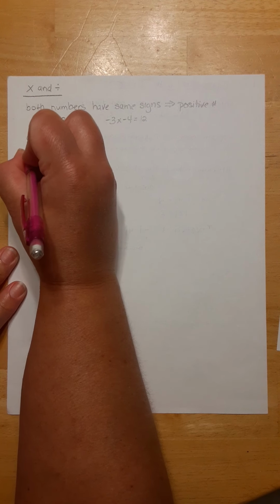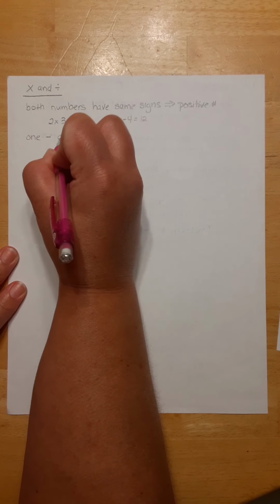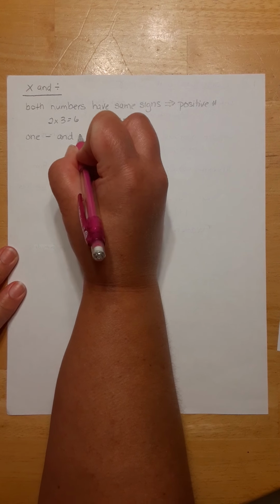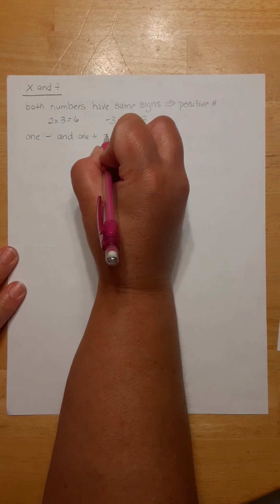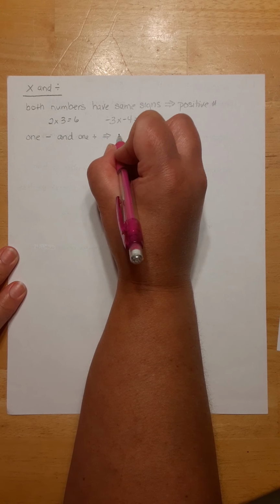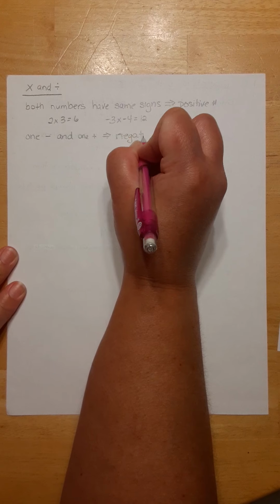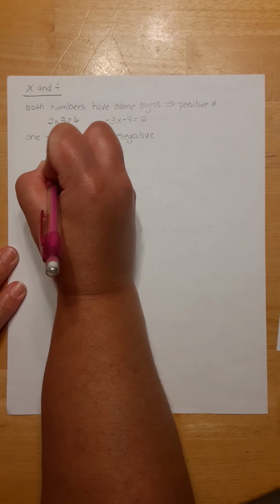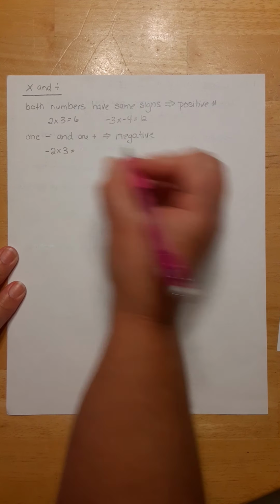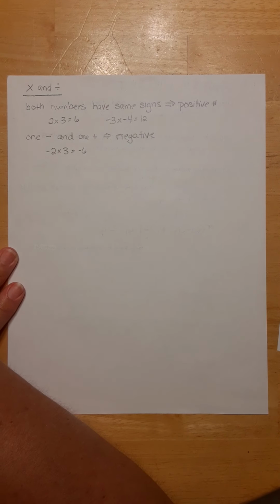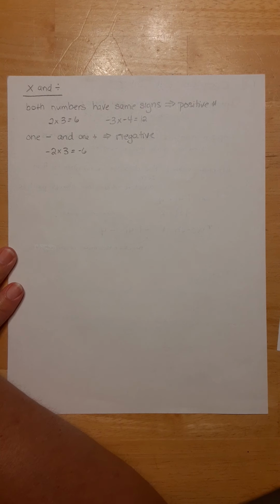If I have one negative and one positive, my answer is going to be negative. So if I got negative 2 times 3, my answer is going to be negative 6. Now, there's the nice little rule.